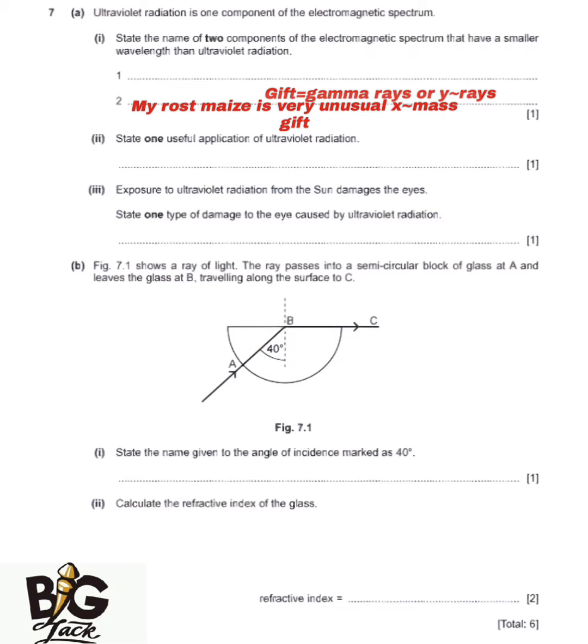So now, on this part, when you move from radio wave going to gamma rays, the frequency increases. Then when you move from gamma going to radio waves, the wavelength increases.